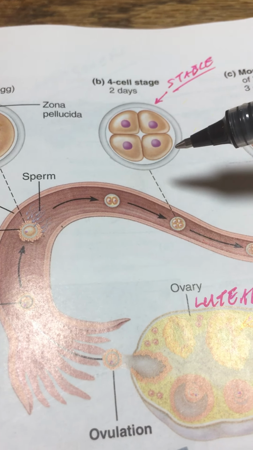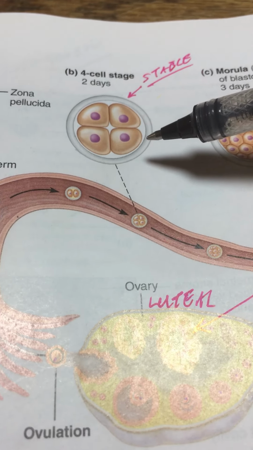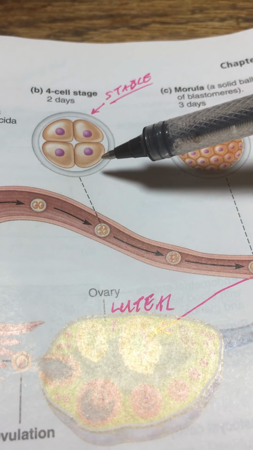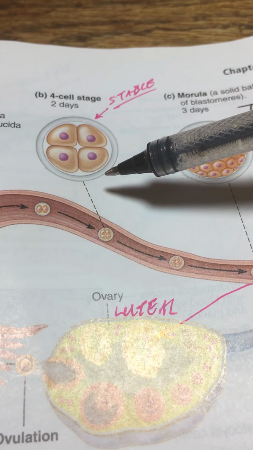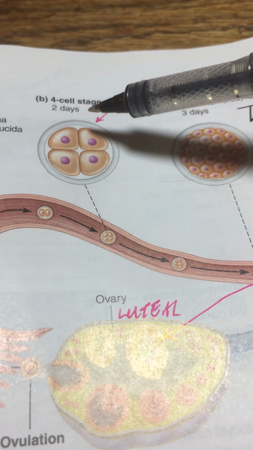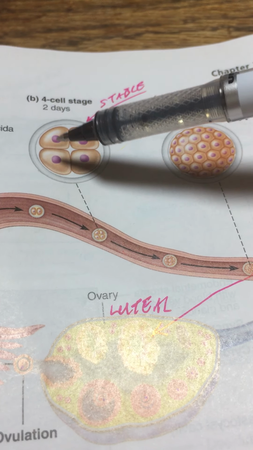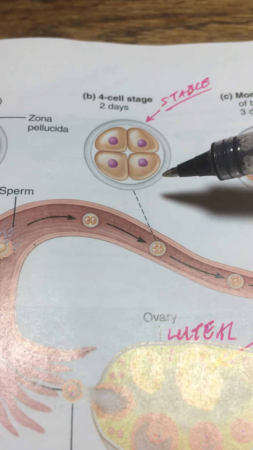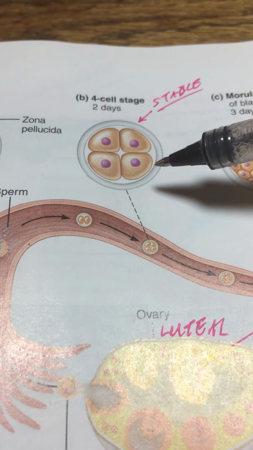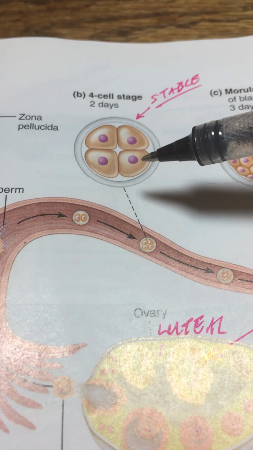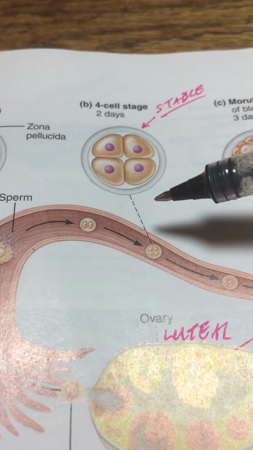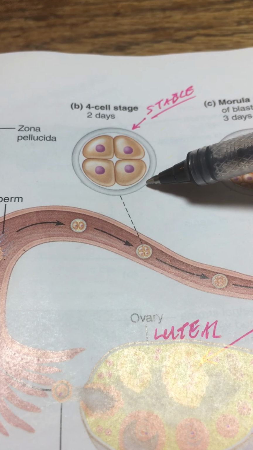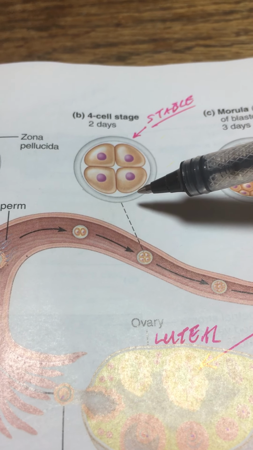So we don't actually have a stable program until we get to the 4-cell stage. It's the second mitotic division that leads to 4, and now this is the stable phase. For those of you that have studied microbiology or molecular biology of human development, there is a whole phylogenetic history of species that we all have to get to the 4-cell stage.